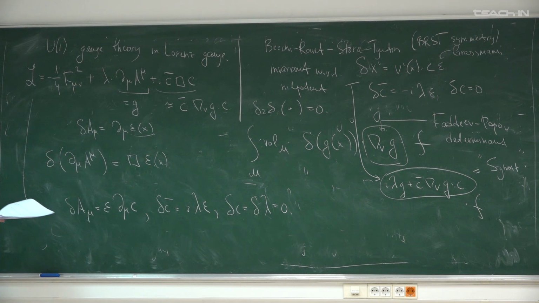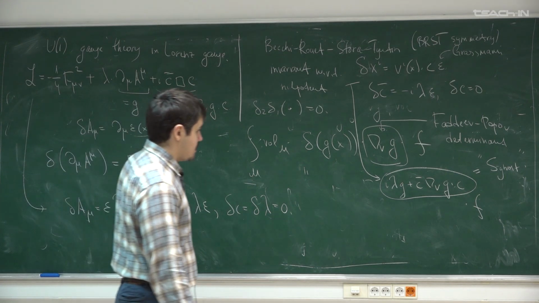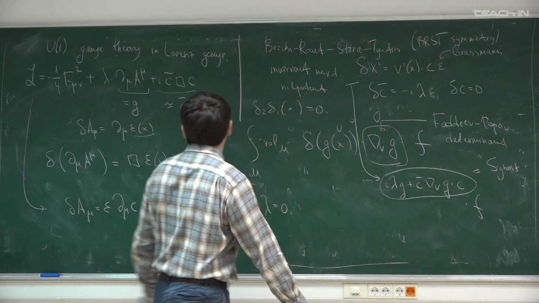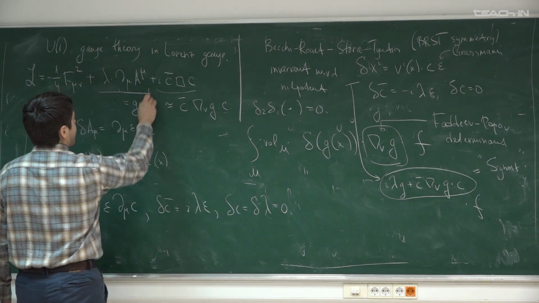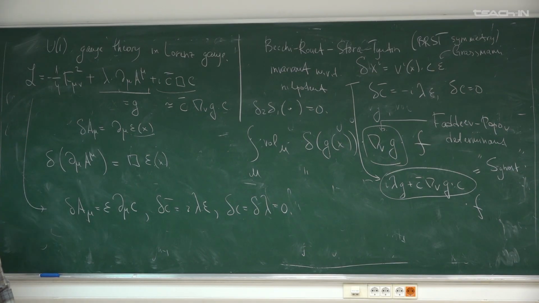This is quite similar to those transformations over there. And the lambda g contribution is this one. G is the gauge fixing condition. You don't necessarily have to take Lorentz gauge. You could take some other gauge. It works the same way.